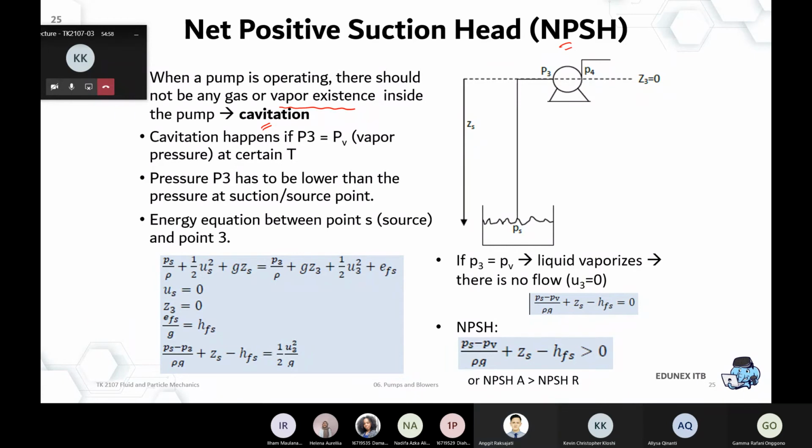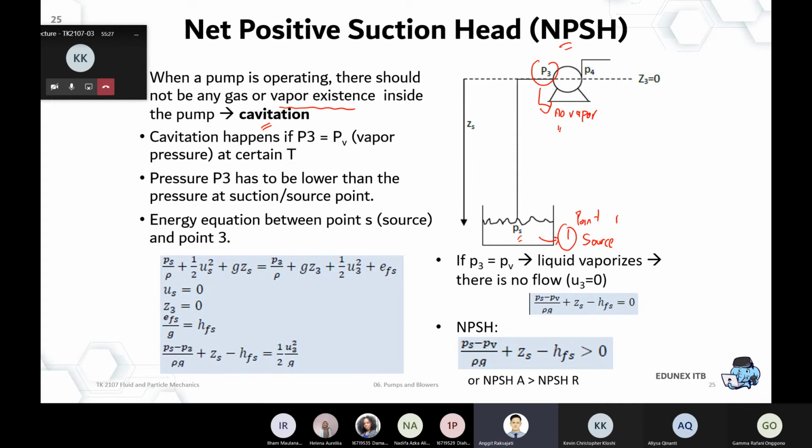So again, this is the source, or in the previous case, we set that as point 1 as the source. So be careful. When we're talking about cavitation, we want to make sure that no vapor forms in point 3. Okay.